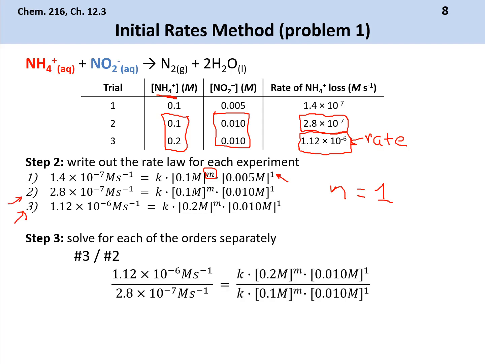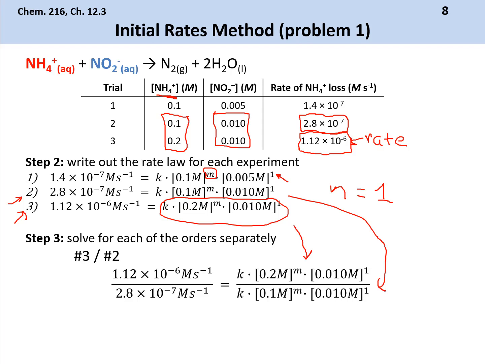The left-hand side is 1.12 times 10 to the minus 6 over 2.8 times 10 to the minus 7. This equals k times this side over this side.